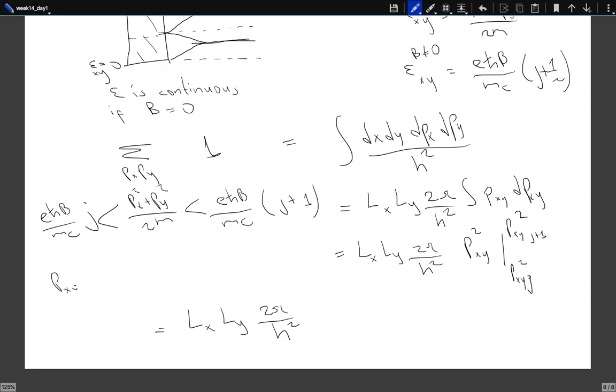Now pxy squared is just px squared plus py squared, and if I put the limits, it's taking the difference of these two limits, and that becomes e h bar B over c times 2.